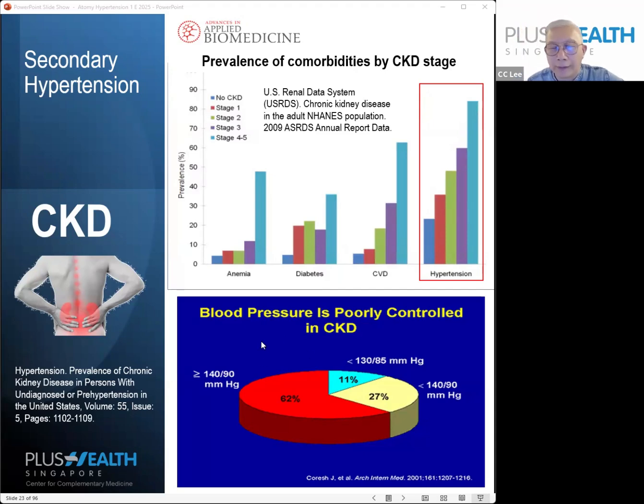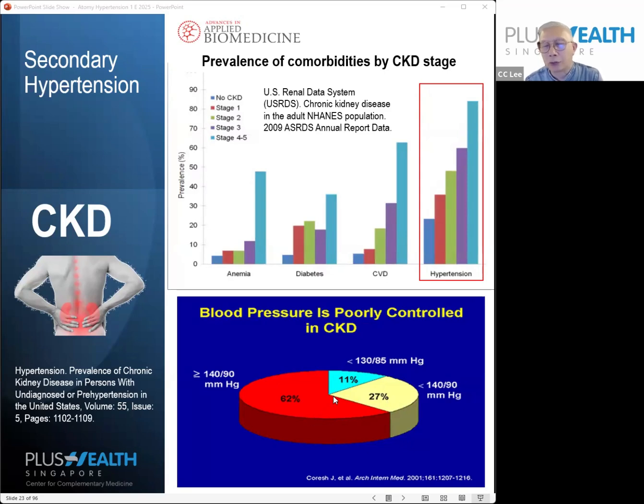In here, there's another chart showing the blood pressure in chronic kidney disease patients. You can see that 62% of chronic kidney disease patients suffer from hypertension with a number above 140 over 90, which is stage 2 hypertension. 27% suffer from stage 1 hypertension.